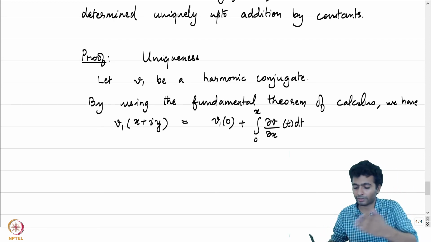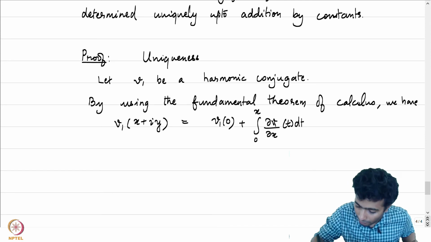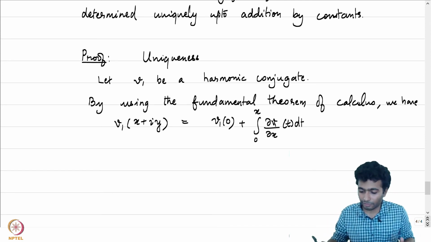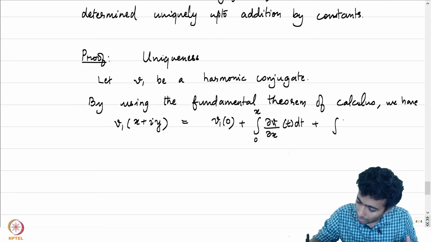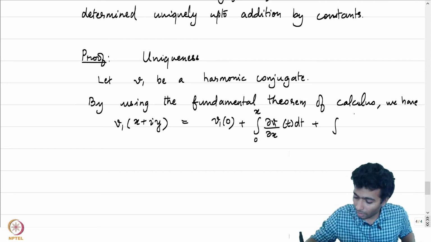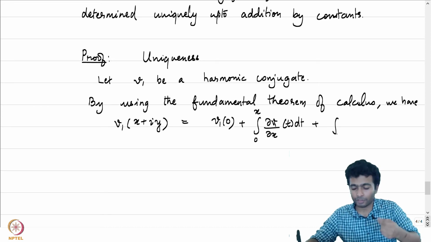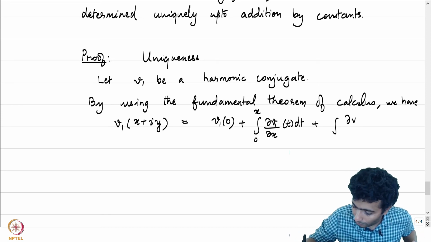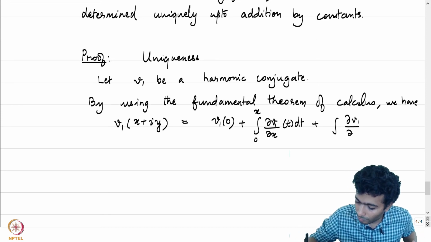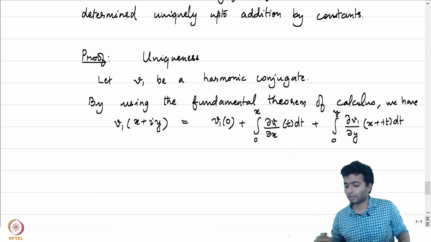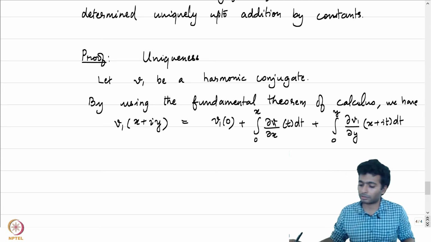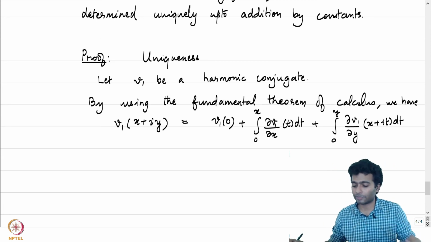So, this by the fundamental theorem of calculus will give you V1 of x minus V1 of 0 in some sense. And the second term should be along the y direction. This time, however, it will start from x. So, this is going to be dou V1 by dou y of x plus it dt, where the integral is from 0 to y.